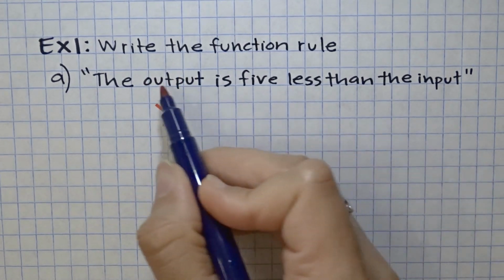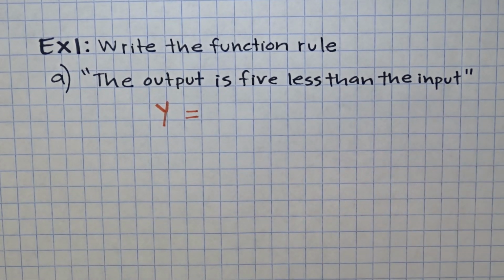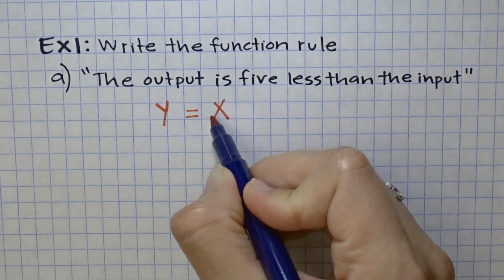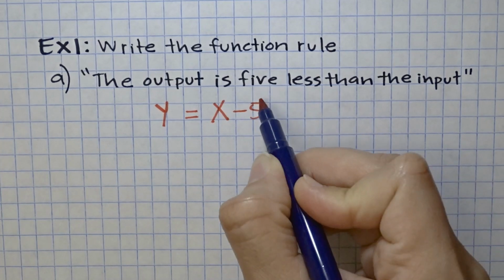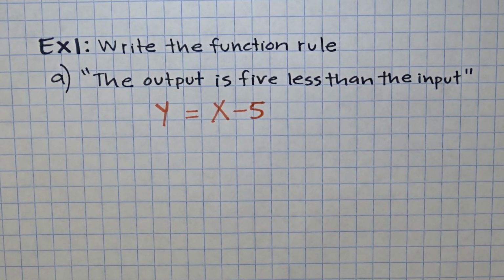And it's telling me that the output is, so y is 5 less than the input. So that means we're taking our input, which is our x, and we are taking 5 less than that. And so that is the rule given this phrase. The sentence becomes this equation.